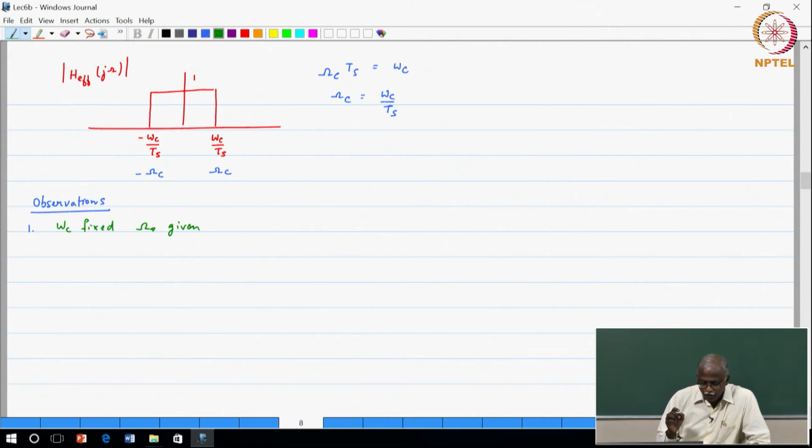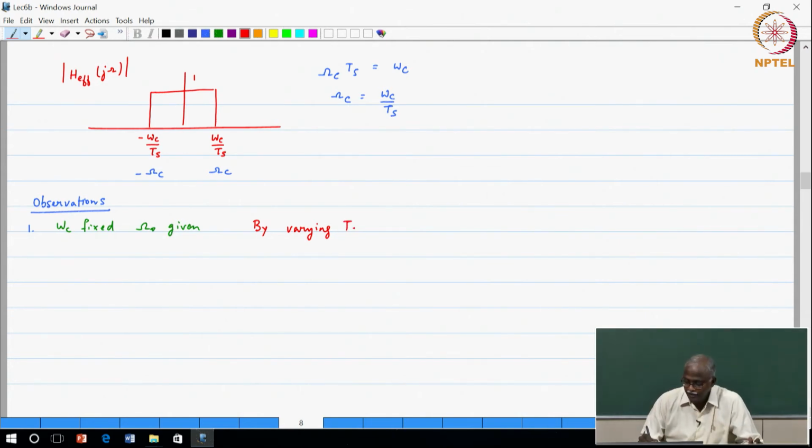Now, a very key observation based on the figure is: what happens when I vary Ts? Ts is something that I get to choose. I know what I should choose to make sure that there is no aliasing. By varying Ts, I cannot change omega c. Omega naught is given to me, but notice the effective filter H effective of j omega is going to get scaled, made narrower or wider by the choice of Ts.